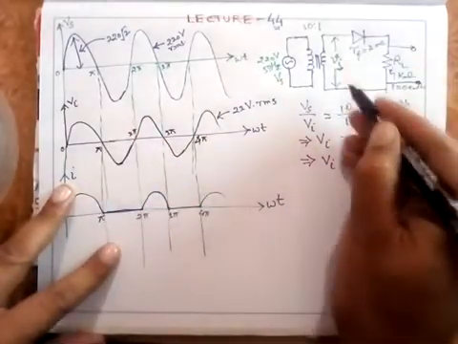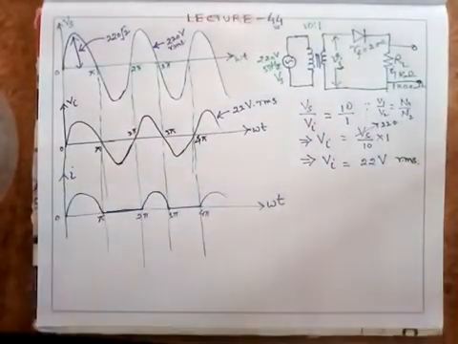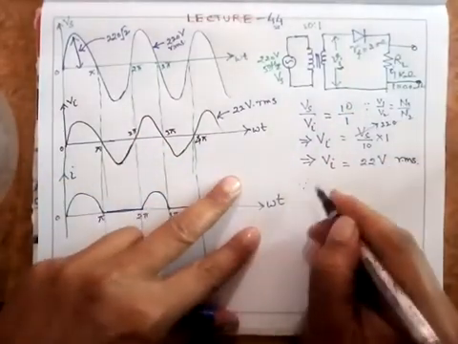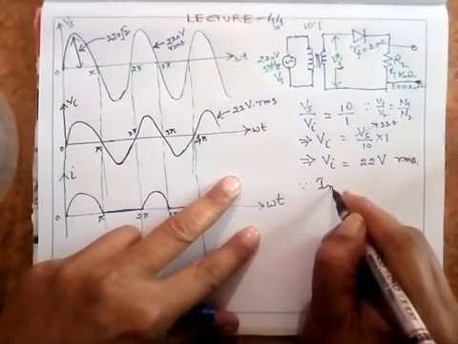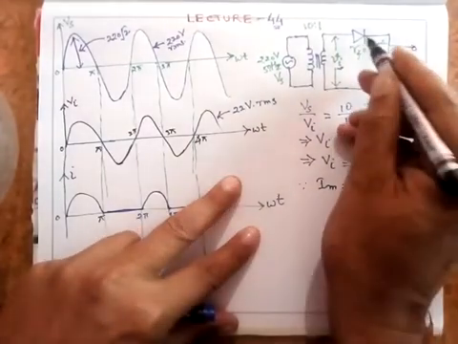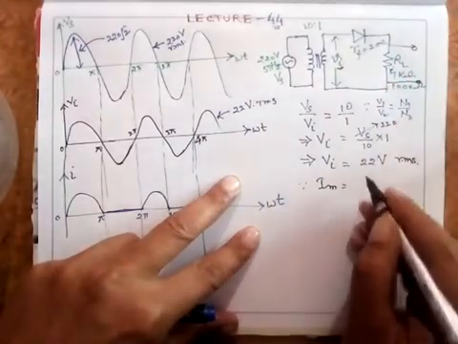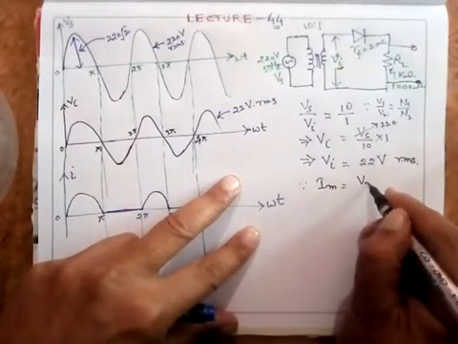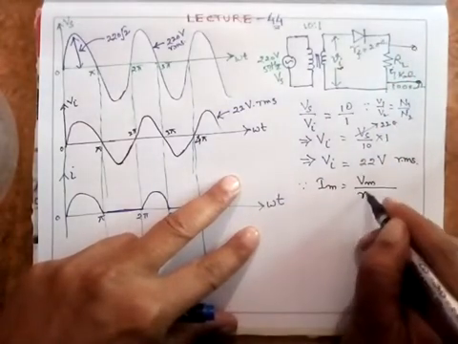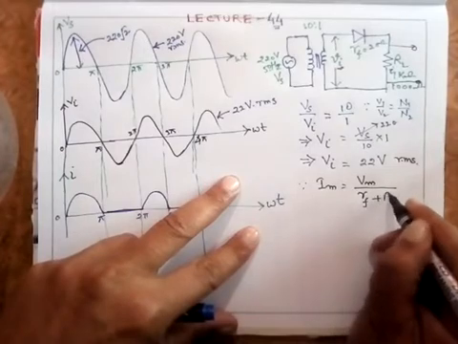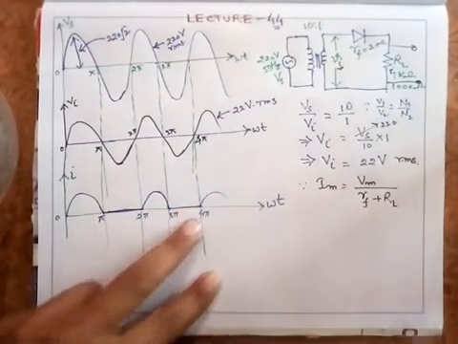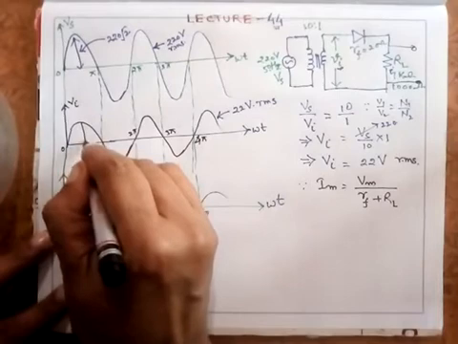Now suppose I ask what is the value of the maximum current Im. I know that Im is equal to Vm upon Rf plus RL. My point is to find the value of this Vm.